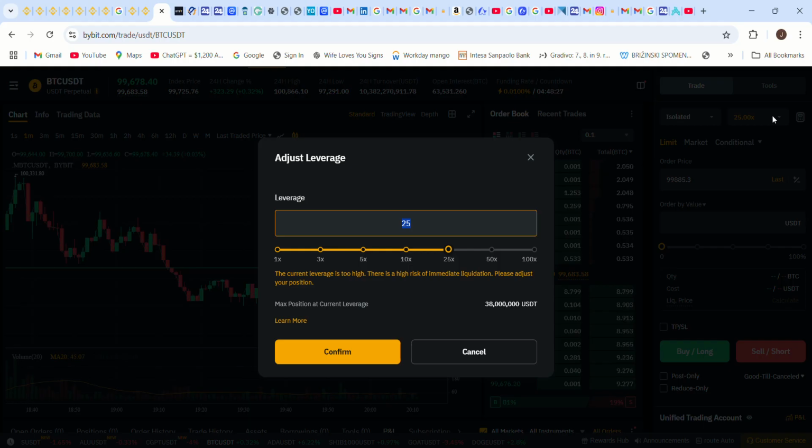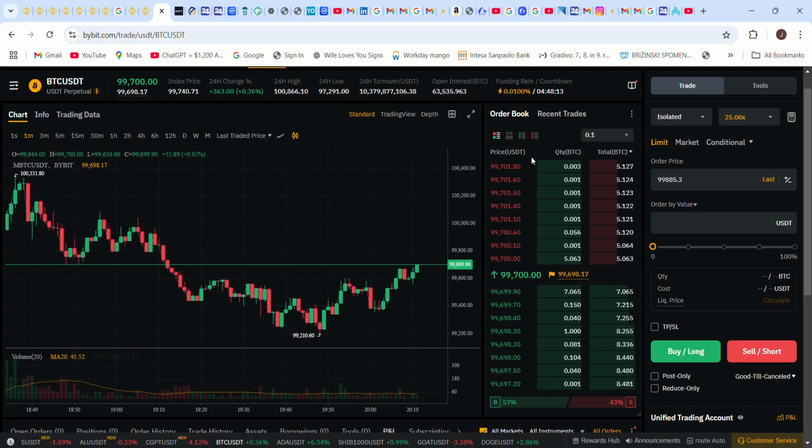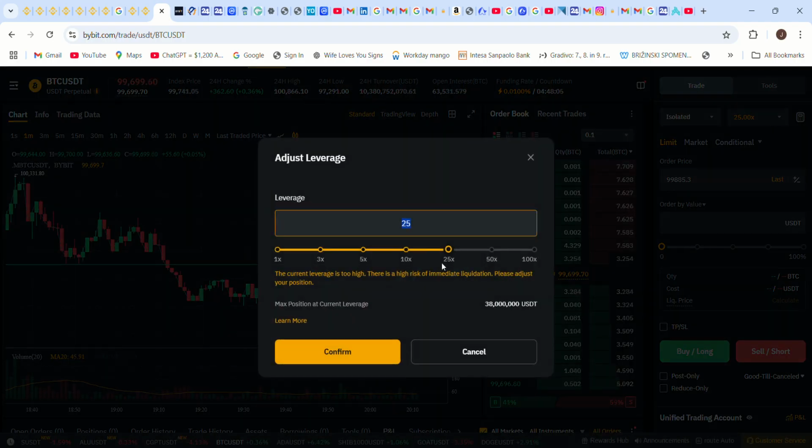This is leverage. Leverage means that you adjust how much money. Let's make an example, it will be much easier. For example, we have put here a limit, and we will put leverage.